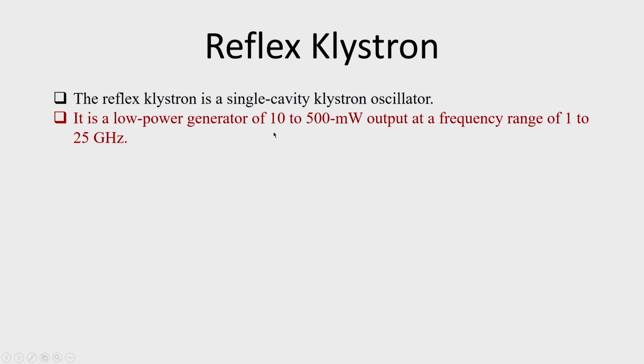The output is of the order of 10 to 500 milliwatt in the frequency range of 1 to 25 gigahertz, and its electronic efficiency is of the order of 20 to 30%.